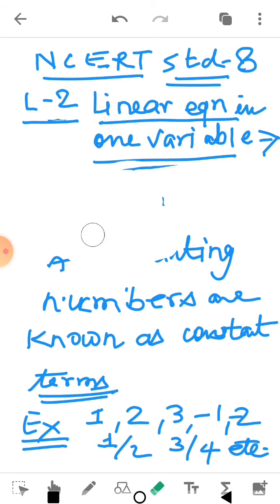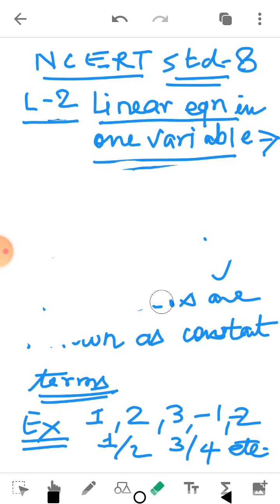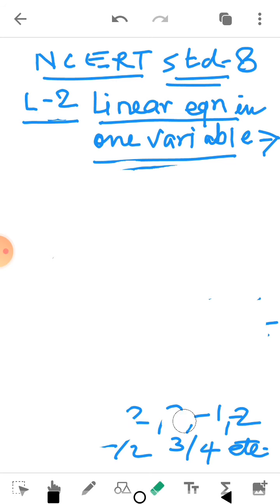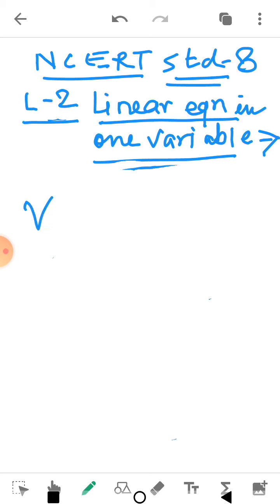Okay, now variable, understand? Next basic concept is the variable. Now we will know what is the variable. Now, second concept is the variable.